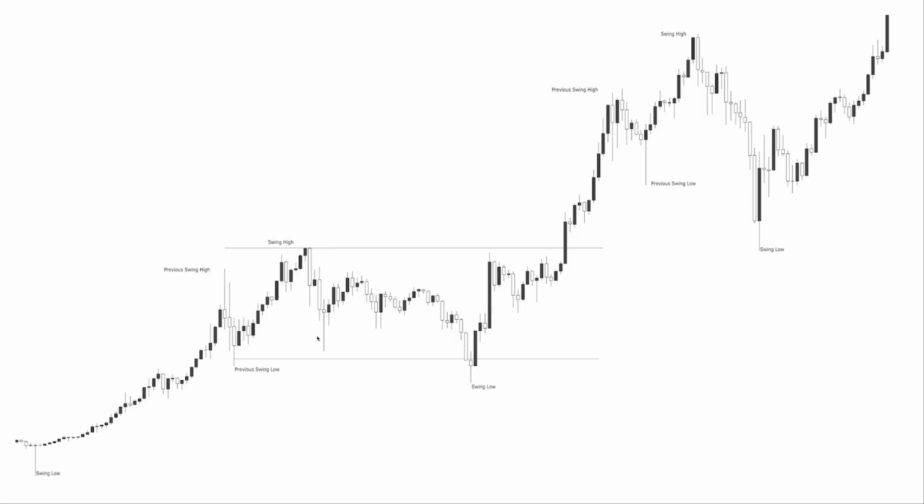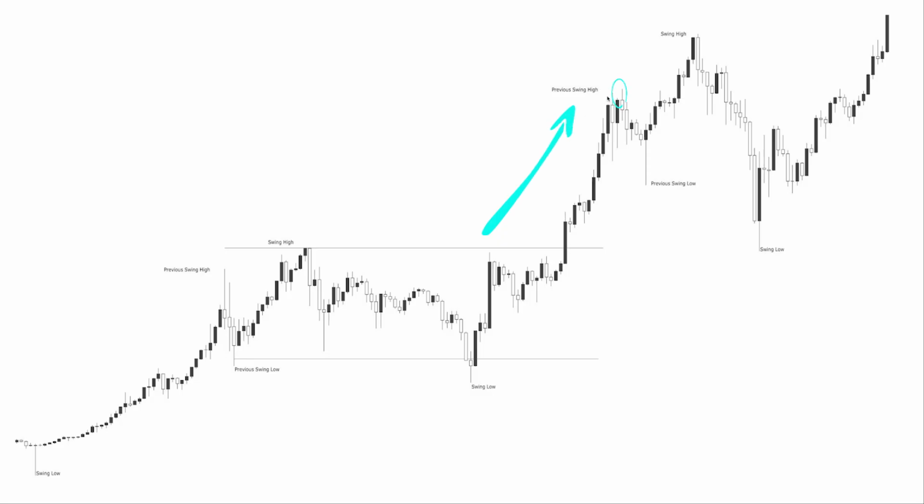And this pattern is repeating. As we can see, price retraces, it stays above this swing low, tries to make a higher high, comes back down, violates this low, making this our previous swing low and our new swing low. This is our point where if this swing high is taken out, what happens?